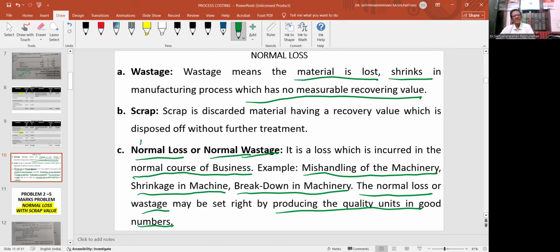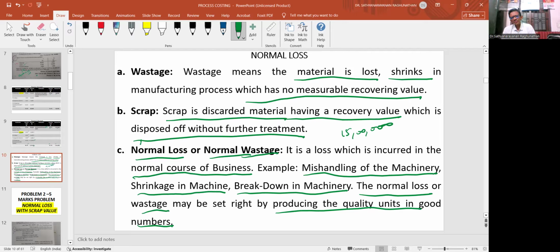Fine. Scrap means discarded material having a recovery value which is disposed of without further treatment. Suppose today you buy an asset for 15 lakhs rupees, for example.